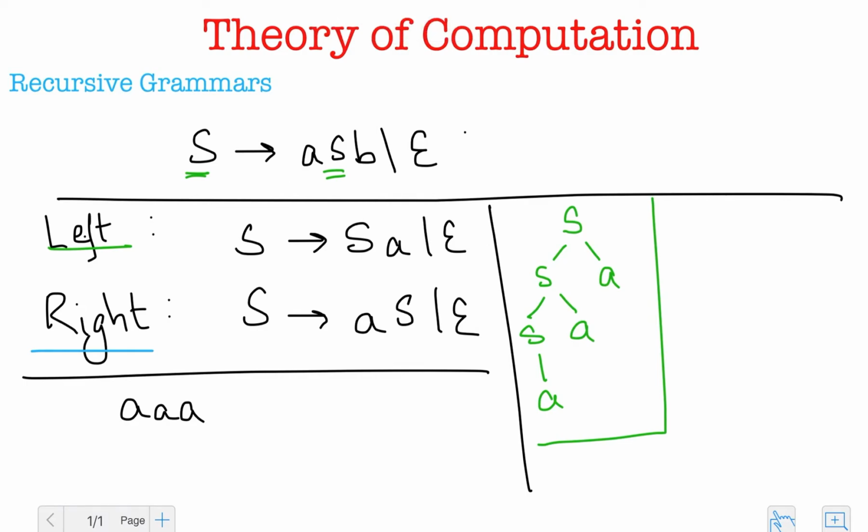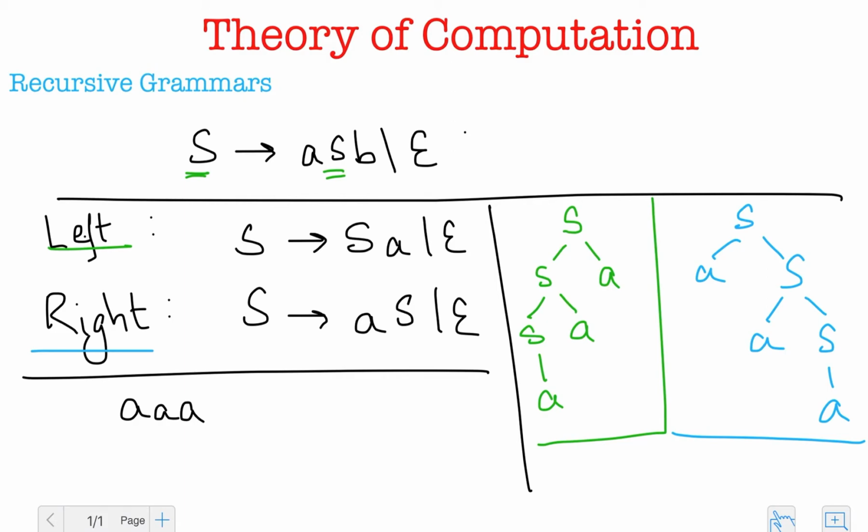So I hope I've convinced you that this grammar is indeed unambiguous. For the second one, I'll have an S which splits into an A and an S, and once again I just have one S here which will split into an A and an S, and this S will split into an A. So this is the derivation tree which corresponds to my right recursive grammar.